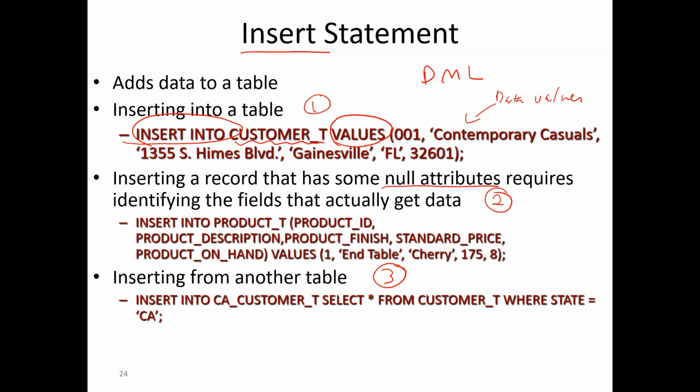If you're using this version of the insert statement, one thing you want to pay attention to is that the order of the data you have in the statement must be in the same order as the order of the attributes defined in the table, which means in the table you must have customer ID first, followed by the name of the customer, followed by the street address, city, state, and zip code. Otherwise, it will not insert correctly.